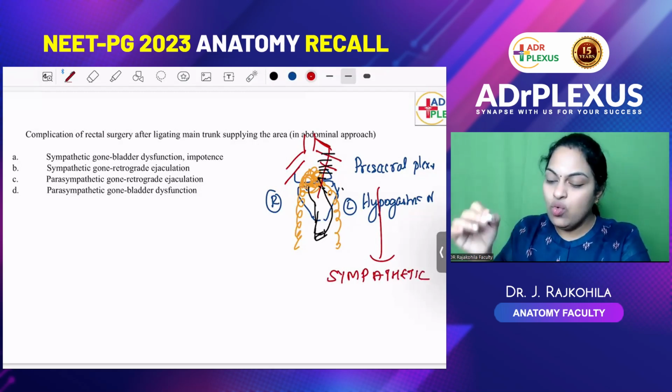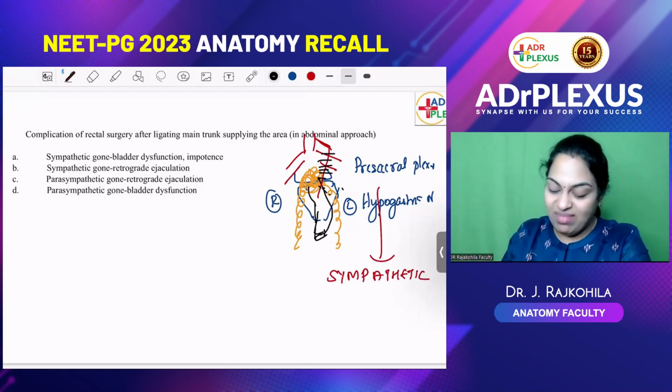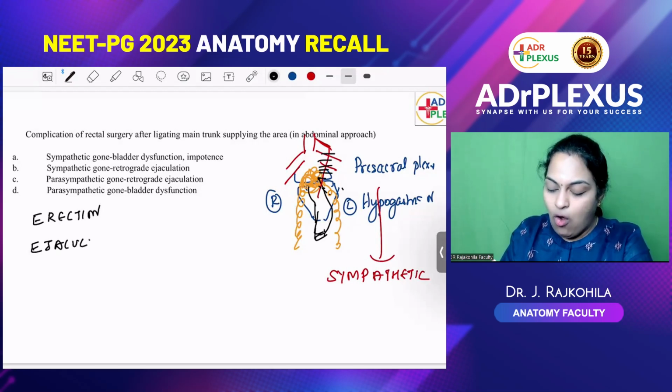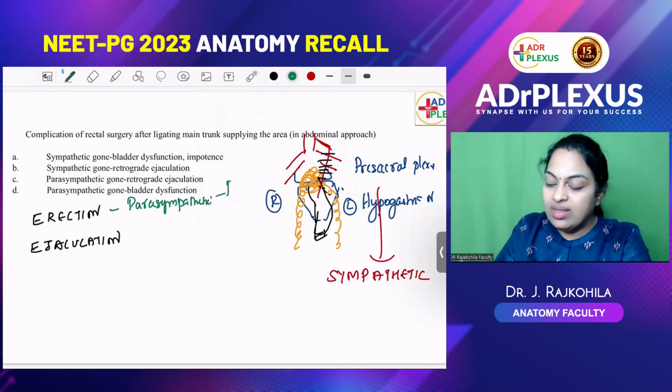And the two important phenomena in a male, erection and ejaculation, of which erection is by the parasympathetic. Am I right? What is the nerve responsible? The pelvic splanchnic nerves.